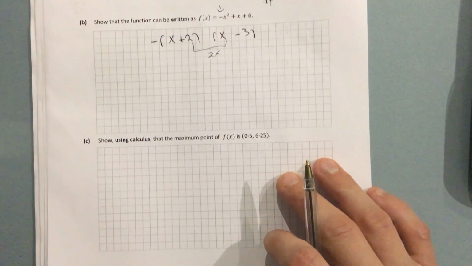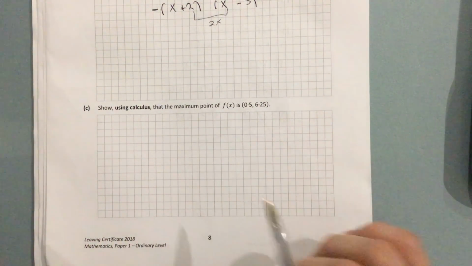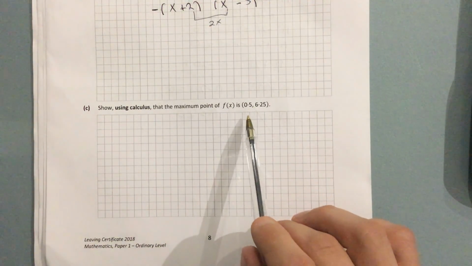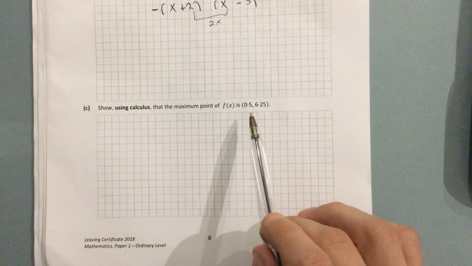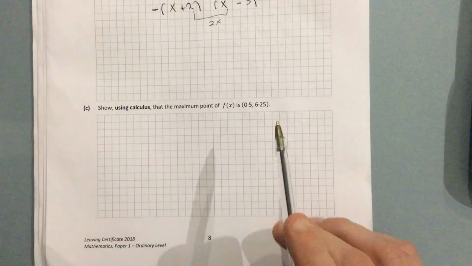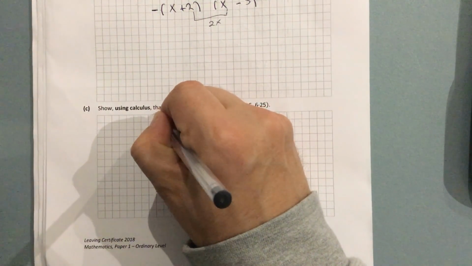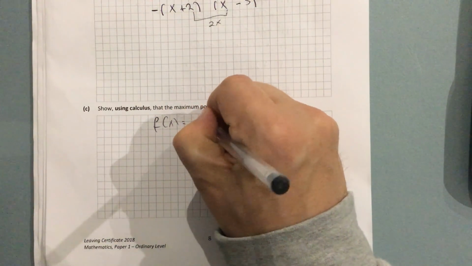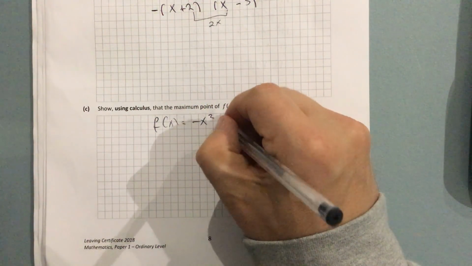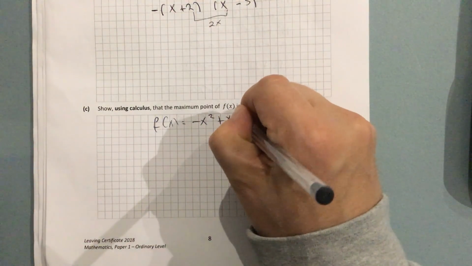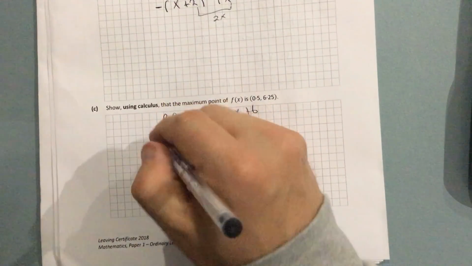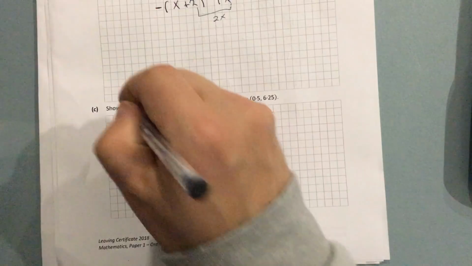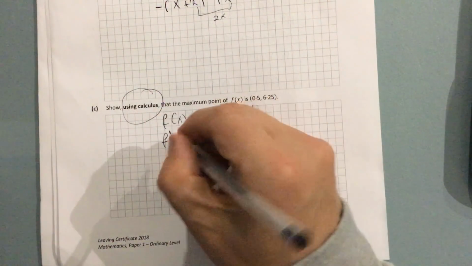And the next question says, show using calculus that the maximum point of f of x is (0.5, 6.25). Okay, so firstly, f of x is equal to minus x squared plus x plus 6. Using calculus, that means differentiate.